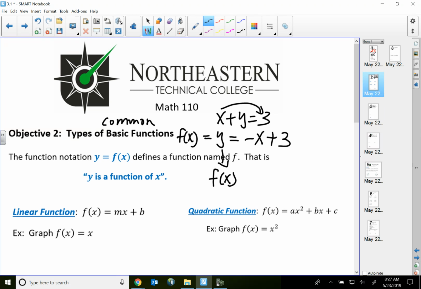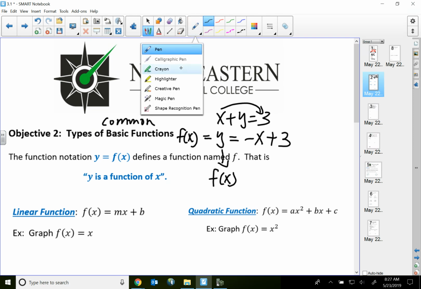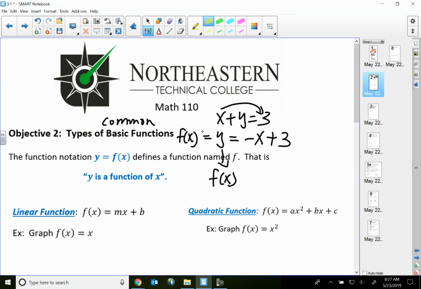Just imagine the word function is like a machine or a process. You input an x into a machine or a process, and you output a y. So the y value is now going to become the output. The wording of function simply refers to a process or machine.